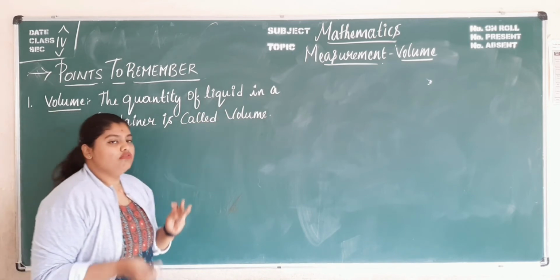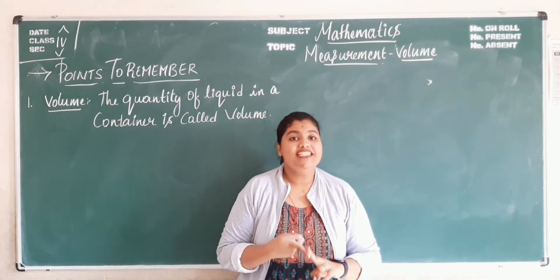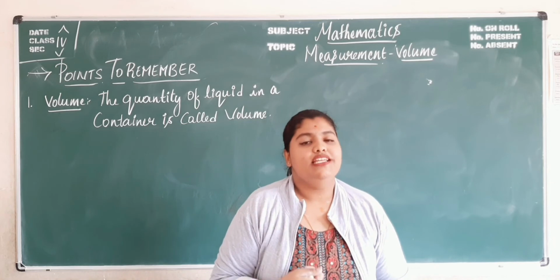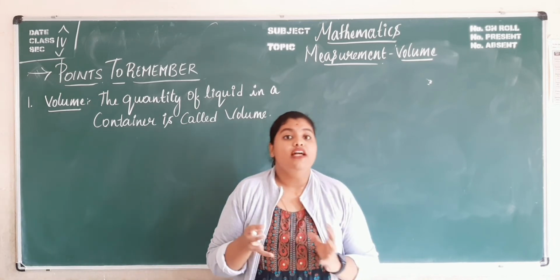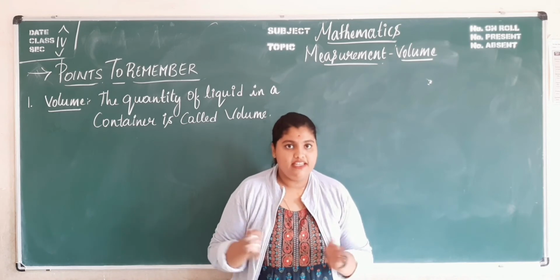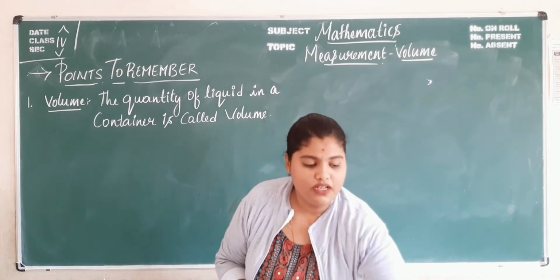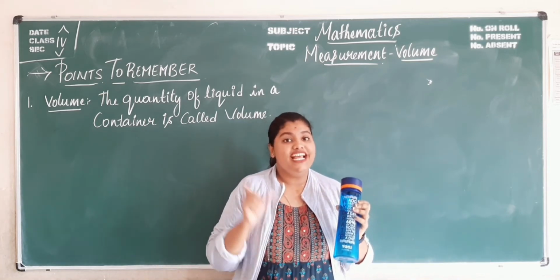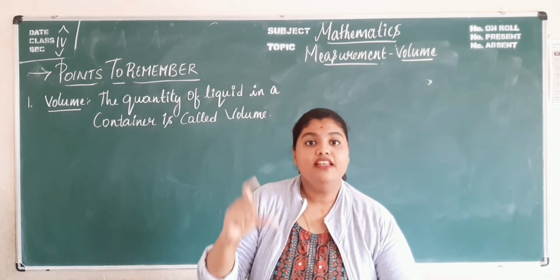So we know we measure volume in two different units. One is liter, the other one is milliliter. If I am measuring the volume on a larger scale, in a larger quantity, I use liters. For example, the water present in a water bottle we measure in liters. If I take cough syrup, that will be in milliliters.